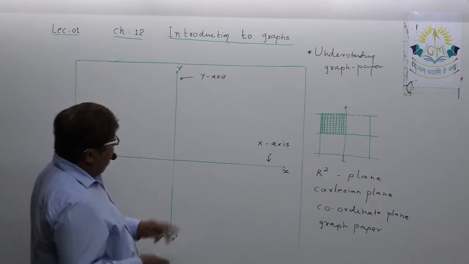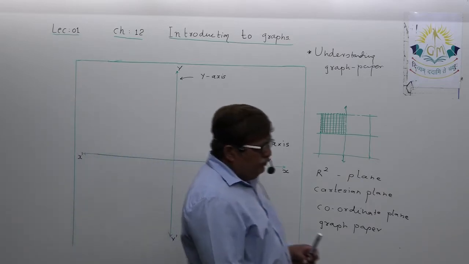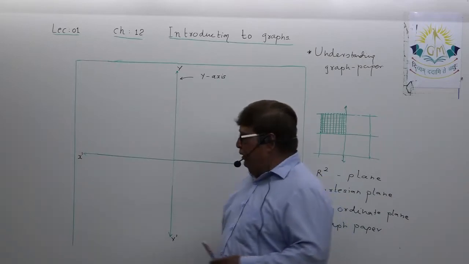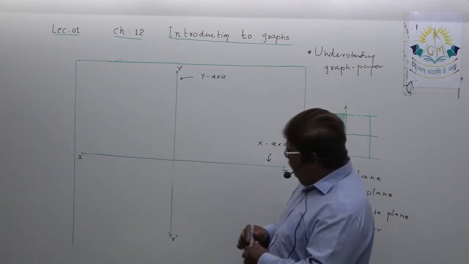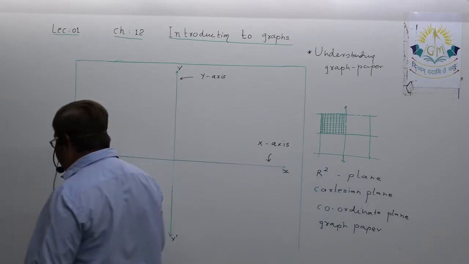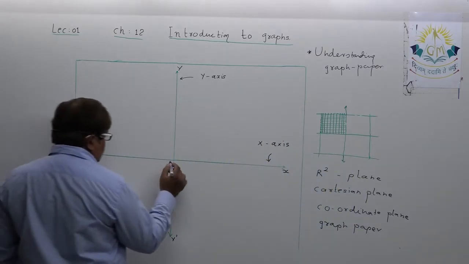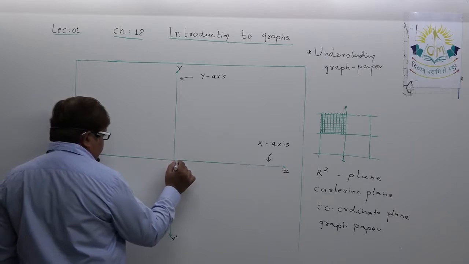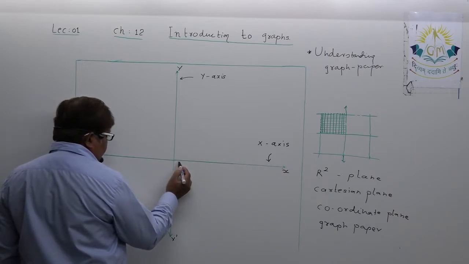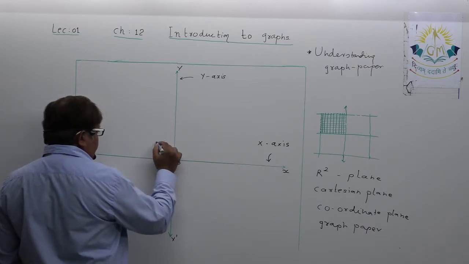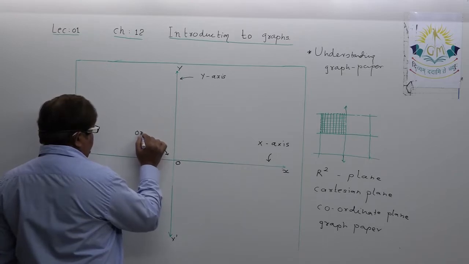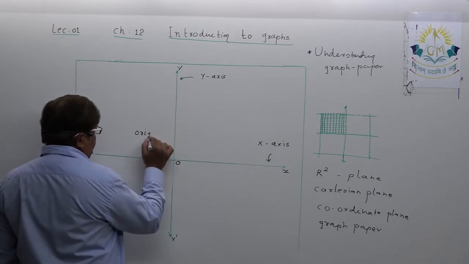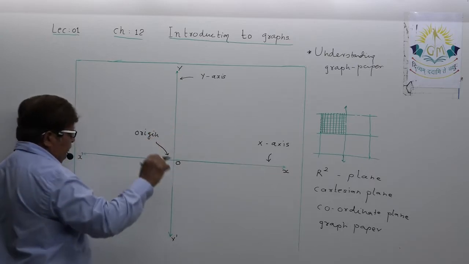Now, dear student, these two coordinate axes which we have drawn are intersecting each other at this particular point. If I just call it O, it is actually known as the origin on the graph paper. Please note down origin.